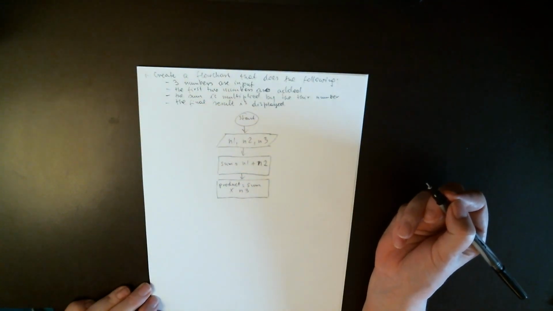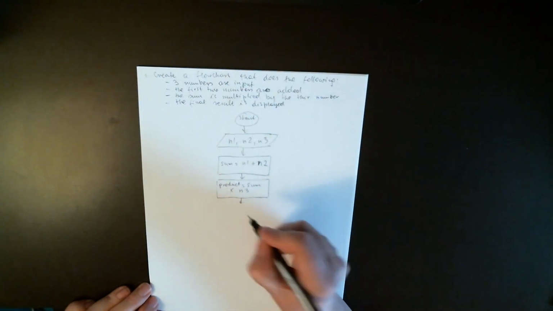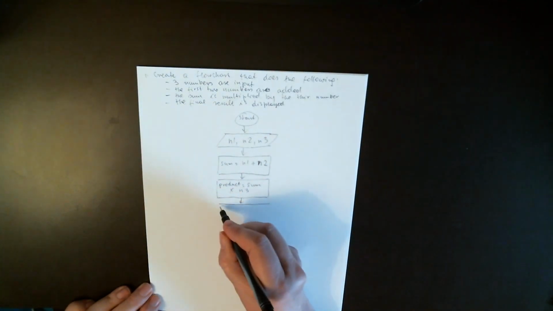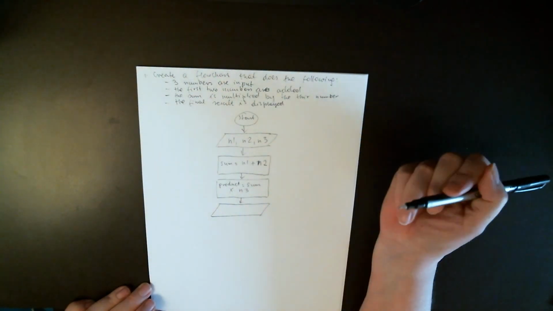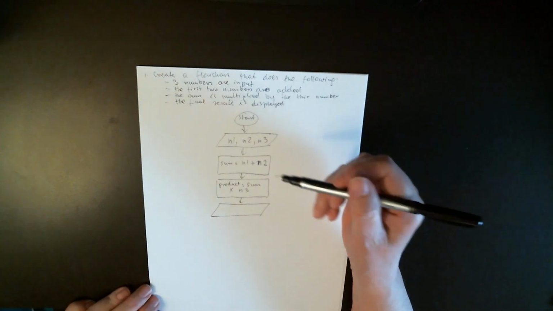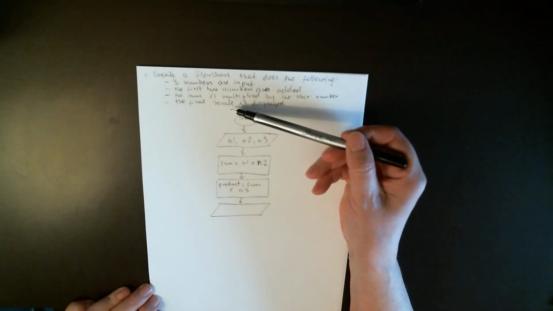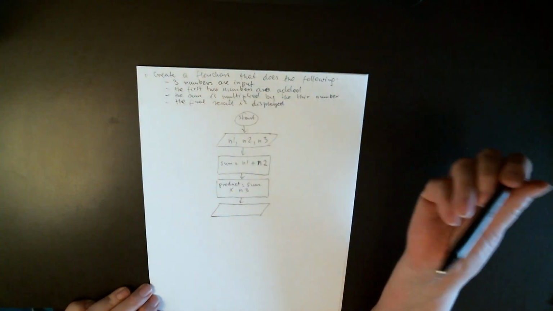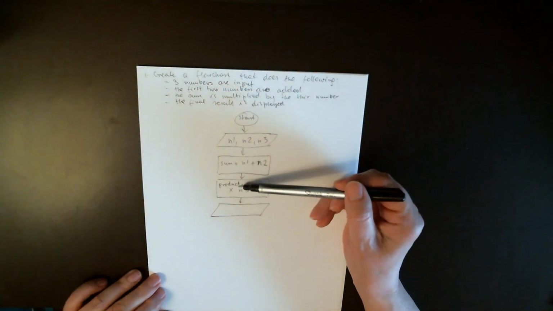That's it? Not exactly. Now we have to display the final result. What's the shape? Of course, parallelogram again, input and output both. Now, the next thing is, are we going to call it final result? No, we didn't calculate final result. What did we calculate? We calculated product.